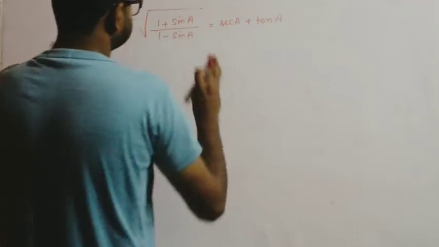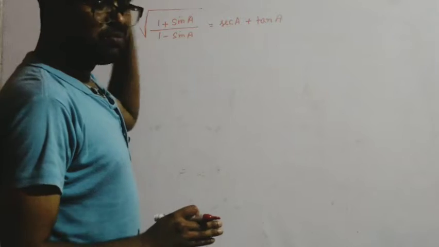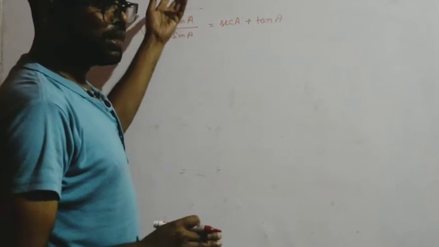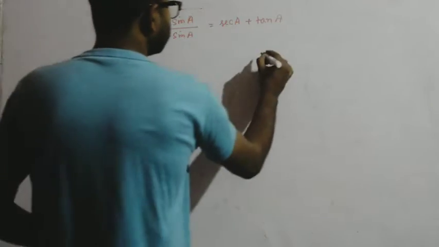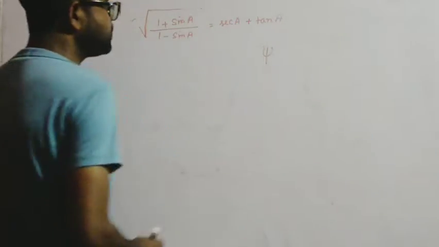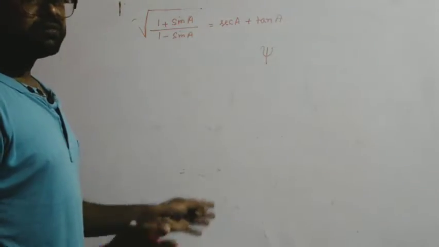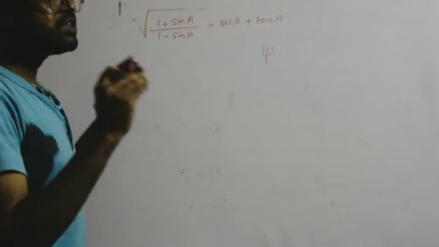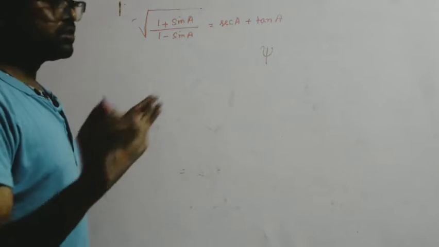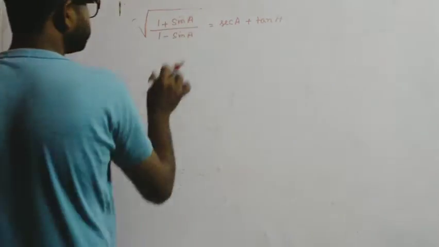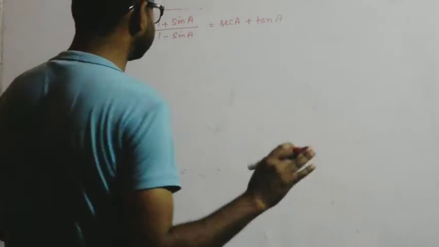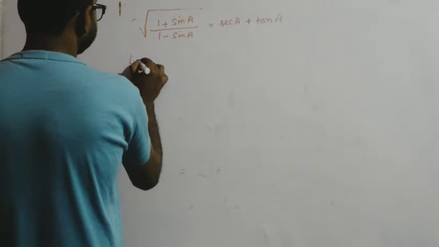Don't think much about this A. Somewhere it may be written theta, somewhere it may be A, and some different symbols may be used to confuse. No need to worry about the symbol, just think that this is some angle. Only you need to know about sine, cos, tan, all this. So take the left hand side.